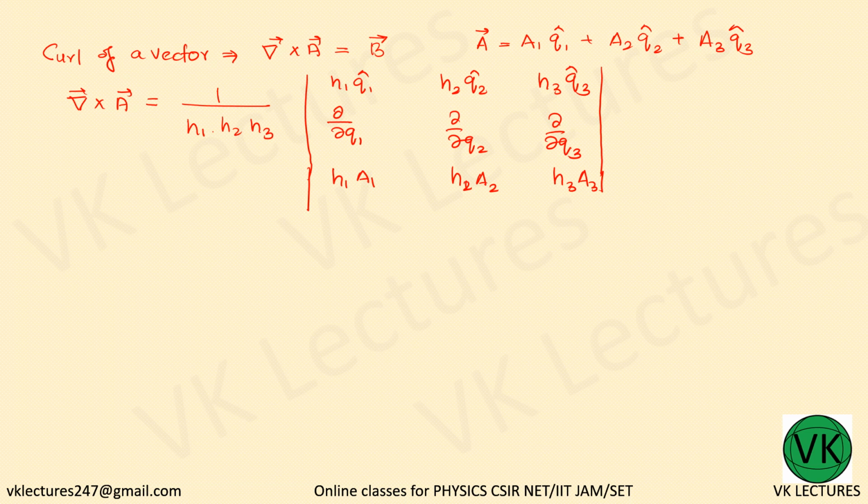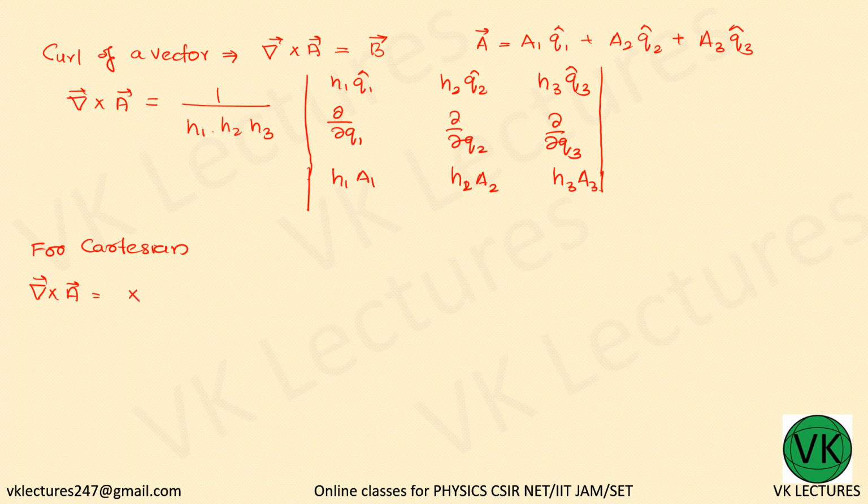So for the Cartesian coordinate system, del cross A is given by 1 by h1 h2 h3, where all the h metric elements are equal to 1.